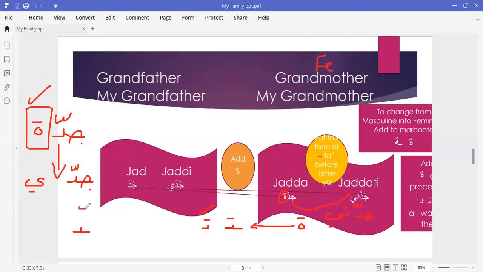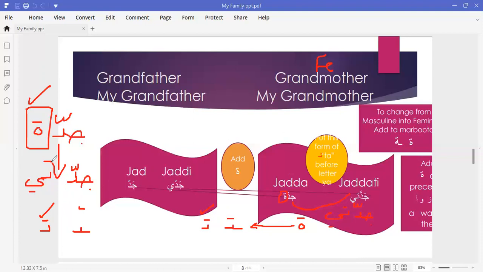It's either like this or like this. What do we choose here? We choose this. Why? Because it's preceded by da. Da cannot be connected to the letter after it. So definitely we attach only that ta to ya. It becomes jaddati. Okay?